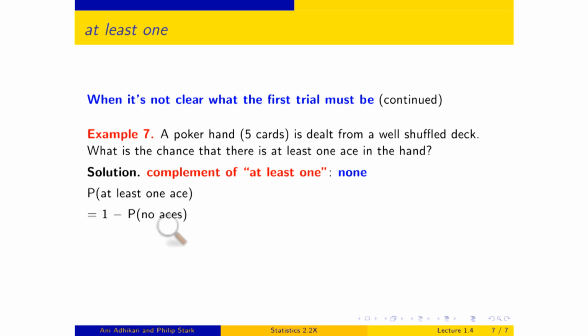Well, this is an event to do with 5 trials, and I ask myself, what does the first trial have to be? Well, it has to be not an ace. Can I write down the chance of that? Oh yes, there are 4 aces in a deck of 52 cards. So the chance that my first card is not an ace is 48 in 52.